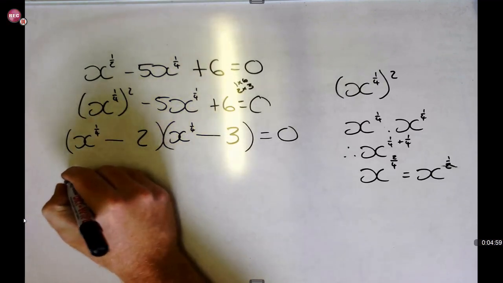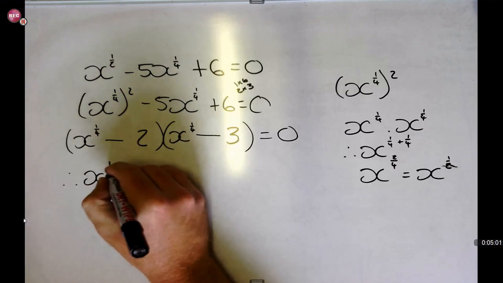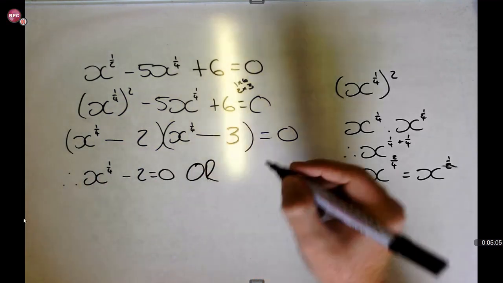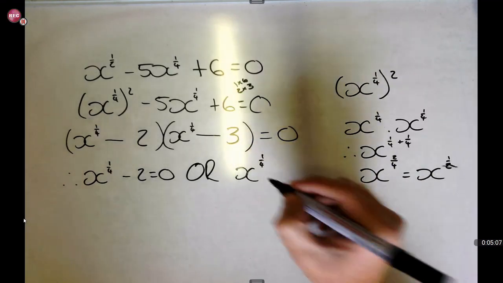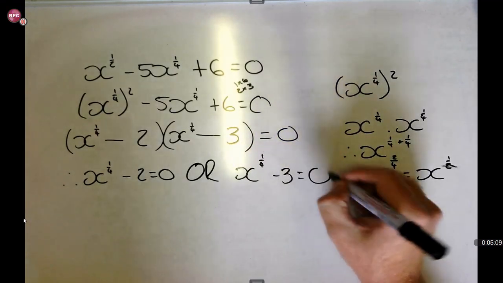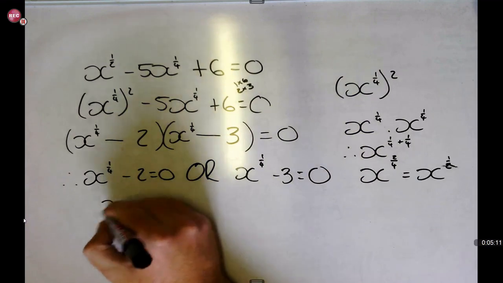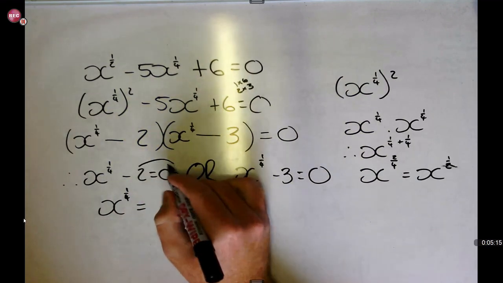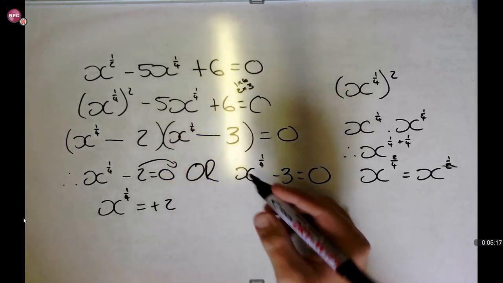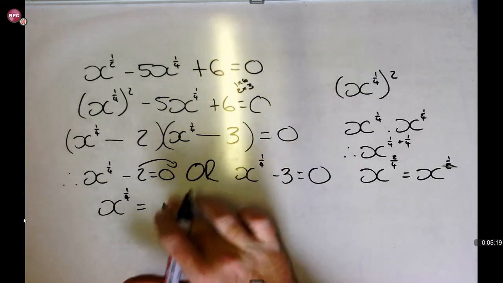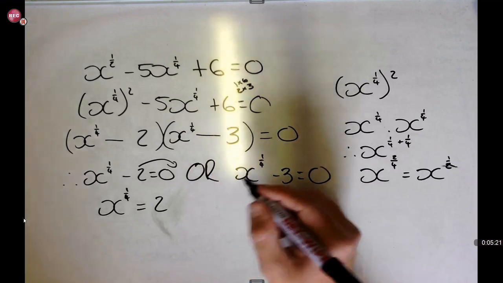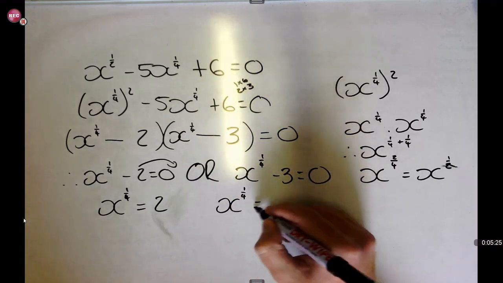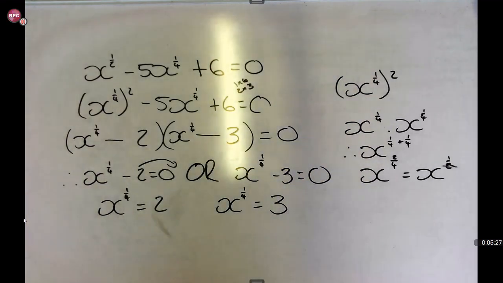So you need to then say, therefore, x a quarter minus 2 is equal to 0, or x a quarter minus 3 is equal to 0. Now we need to say x to the power of a quarter is equal to, you need to take this over, it becomes positive 2. We can just take the positive away and just put the 2. And then obviously on this side you'll have x to the power of a quarter is equal to positive 3.